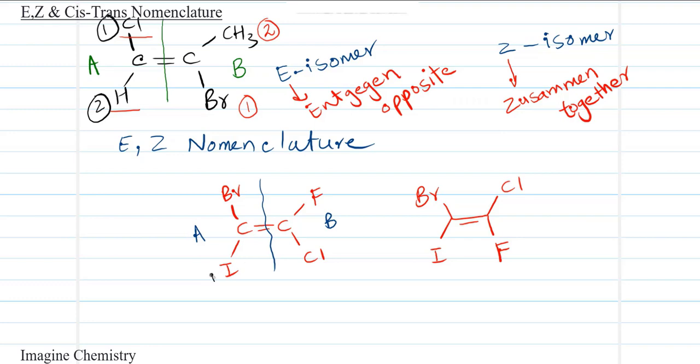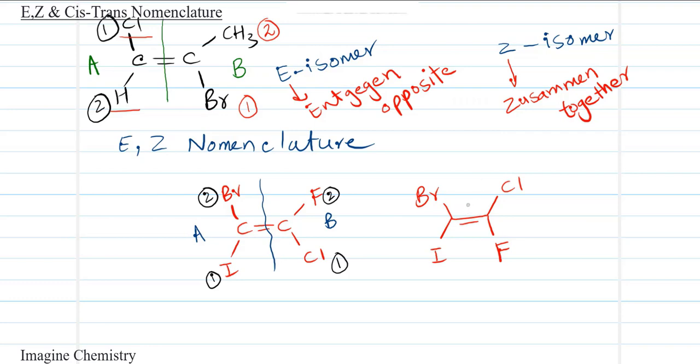So the first priority will be for iodine, 1, and bromine will get 2. On part B, there is the comparison between chlorine and fluorine. You must know that chlorine has the higher atomic number, so it will be given number 1, and fluorine will automatically get number 2.